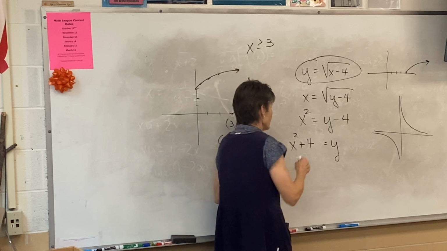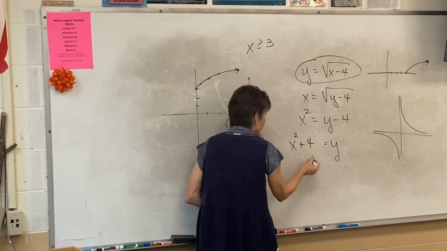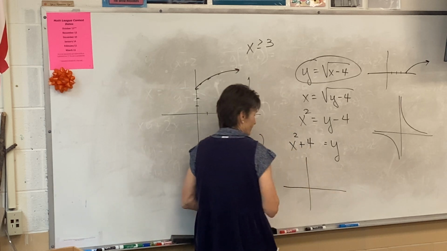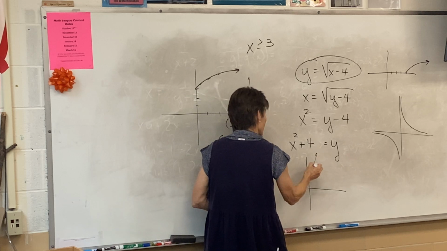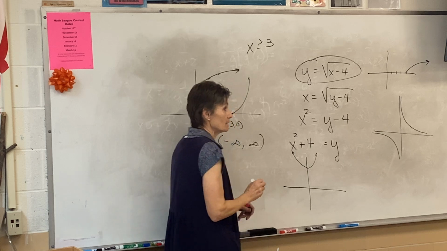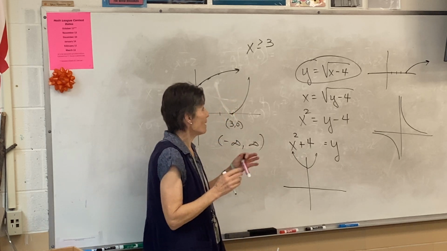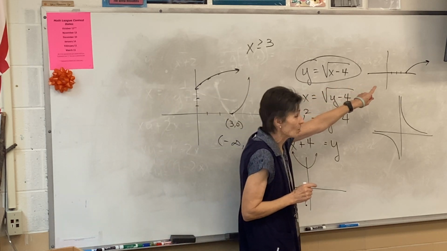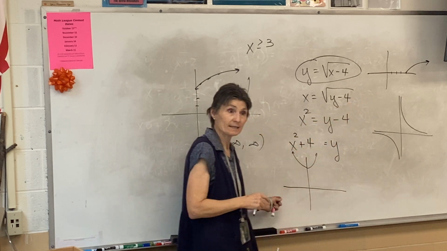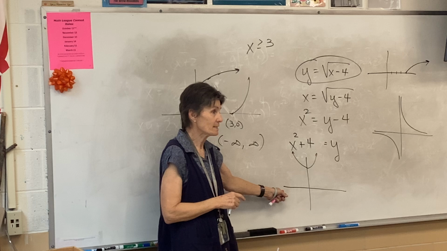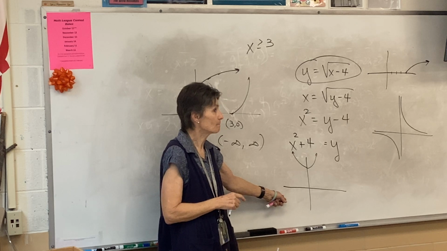Okay, now let's look at what this looks like. What's this? Parabola, 4 units up. Looks like that. Kids, they don't match up. Remember, I'm supposed to take the ordered pairs there, flip-flop them, and get this. Aren't there too many points down here? Isn't this picture too big?